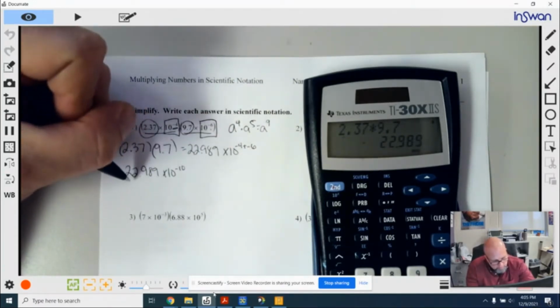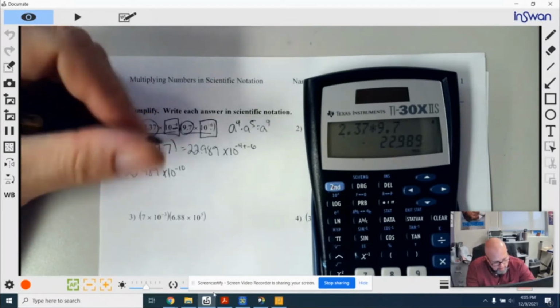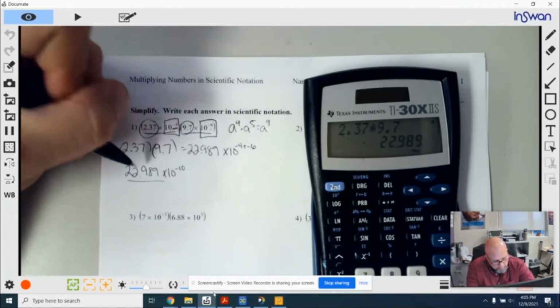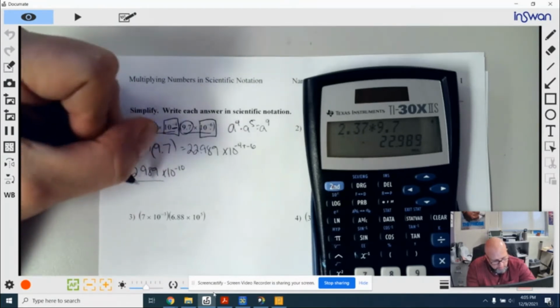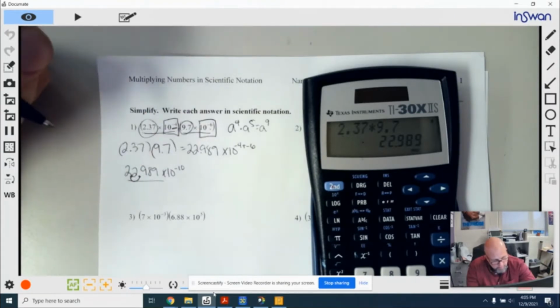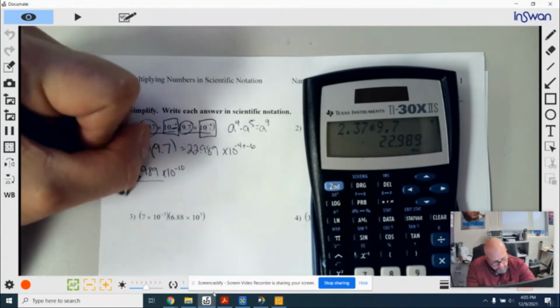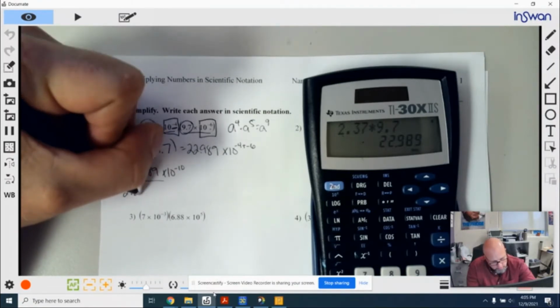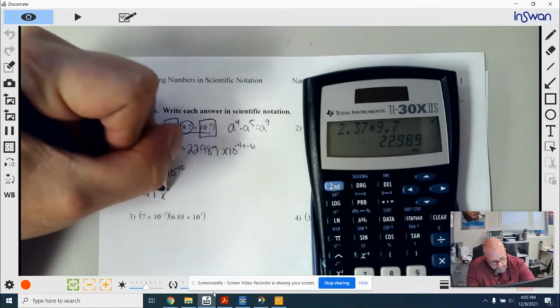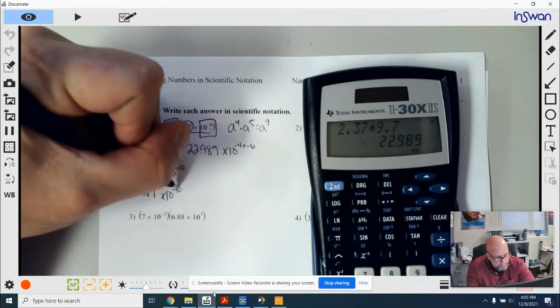22.989 times 10, -4 plus -6 gives you -10. Okay, and then we see 22.989 is not in scientific notation because this base number is larger than 10. It has to be smaller, which means I'm going to take this decimal, I'm going to move it back 1, and when I move it back 1, I now have 2.2989. Okay, I put on times 10, and I still have that to the -10th power.